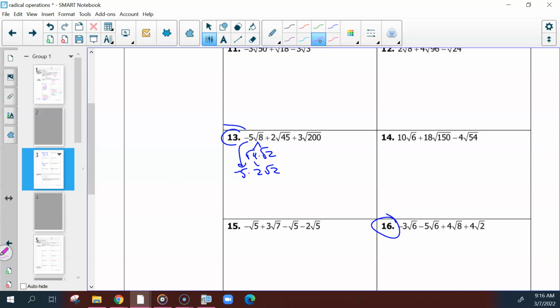Highest perfect square we can divide out of 45. 9. Which would give us 3 times the square root of 5 plus the 2.